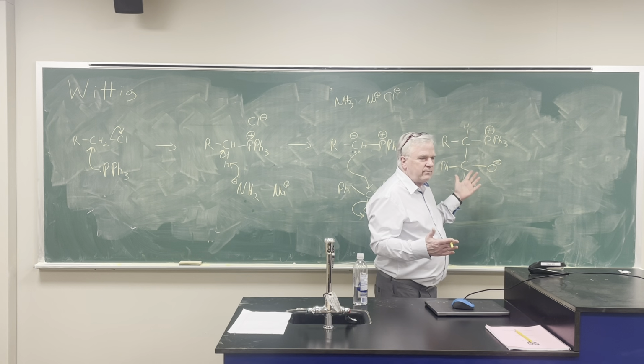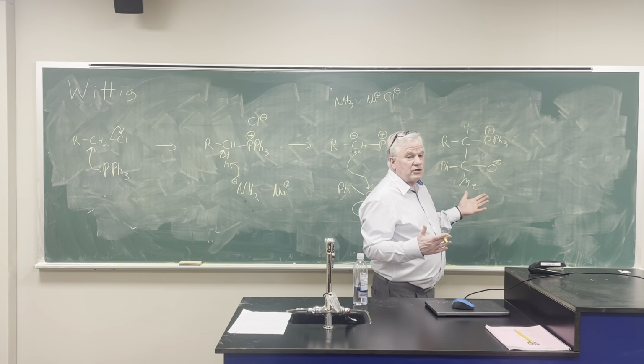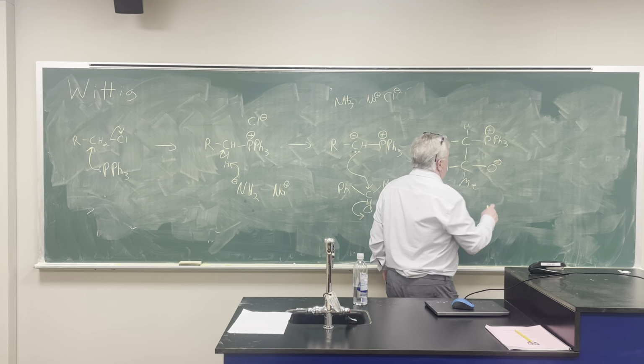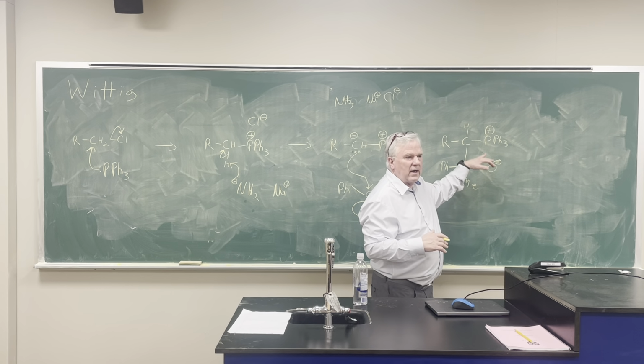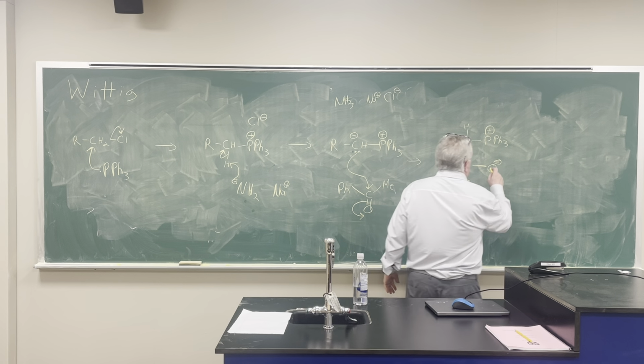Now from here, this is what's postulated to occur, is that when this initially forms, these things are too far away to form a bond. They rotate and they just form a bond.